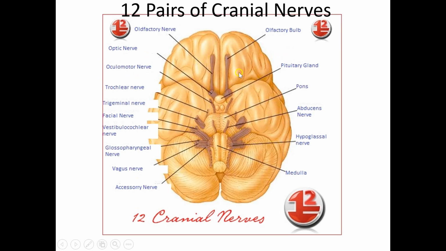Here you will see the initial two nerves, olfactory nerve, cranial nerve 1, and optic nerve, are attached directly to the brain, and the other 10 pairs of cranial nerves, starting from the oculomotor nerve downwards, are attached with the brain stem, midbrain, pons, medulla, and they are numbered with Roman numbers in this descending order of their attachment with the ventral part of the brain, mostly with the brain stem, meaning midbrain, pons, and medulla.